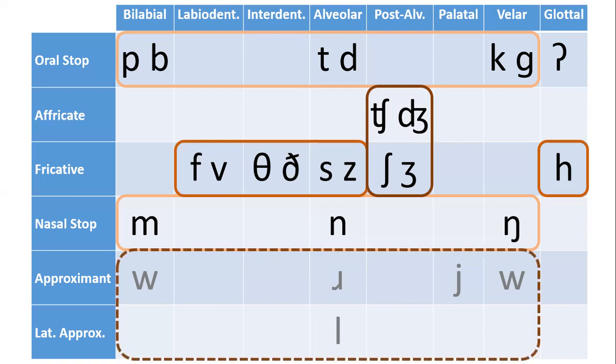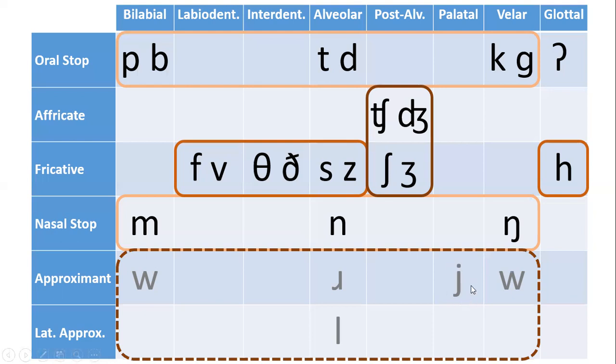And finally, when we got to this video, we looked at the approximants. So we have 4 of them, remember? We have r, the alveolar approximant, l, the lateral approximant, lateral because the air comes around the sides of the tongue to make the noise. We looked at the palatal approximant y, and remember, this doesn't represent the sound that J represents in English spelling.